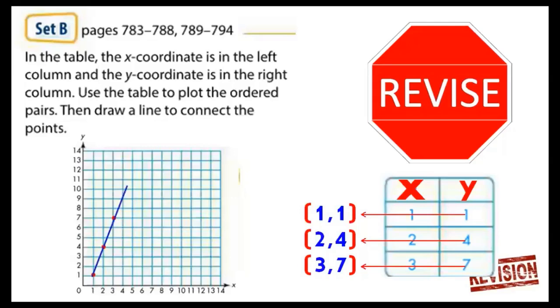So this is the introduction of set B, the second section in our lesson today: for an ordered pair, how to represent the point on the grid. Yes, these blue squares are called the grid. And how to connect the points with each other on the same straight line. Okay, copy the answer, and if you're ready, move to the next question on the same page.